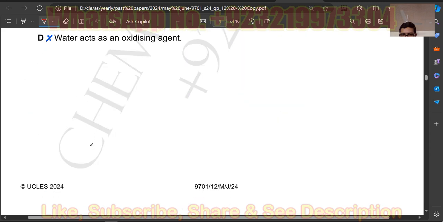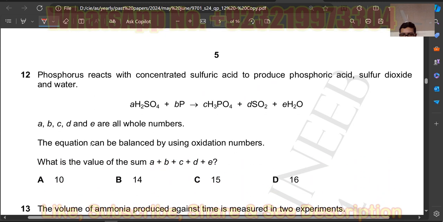Then our next question number 12, phosphorus reacts with concentrated sulfuric acid to produce phosphoric acid, sulfur dioxide and water. Then we have this whole equation. A, B, C and D are all whole numbers. The equation can be balanced by using the oxidation numbers.